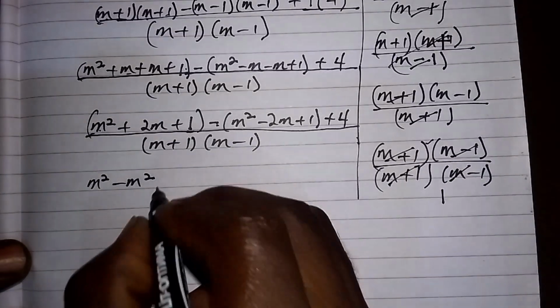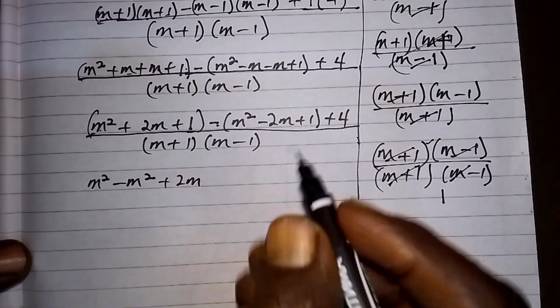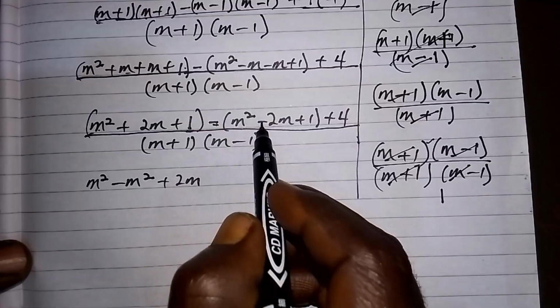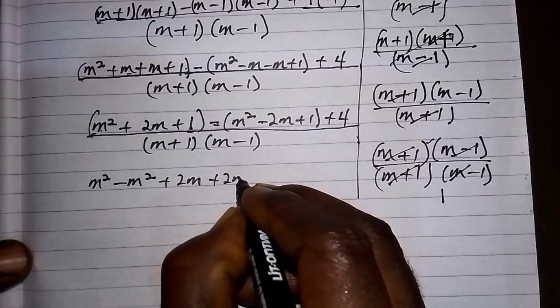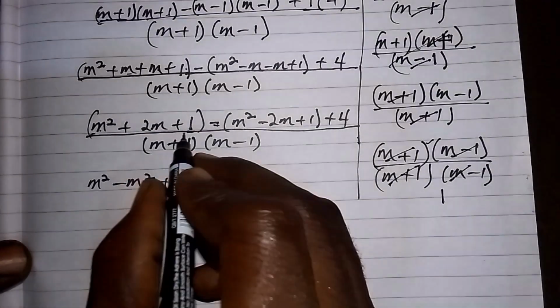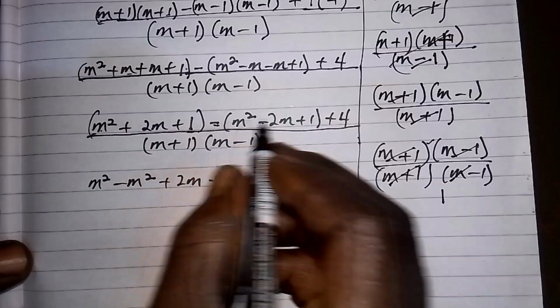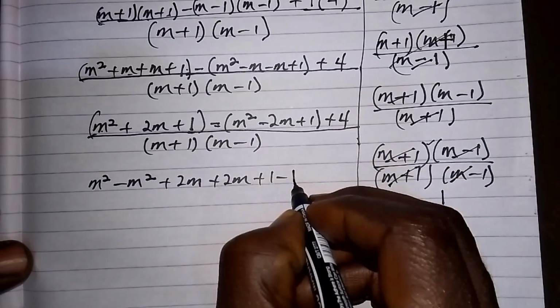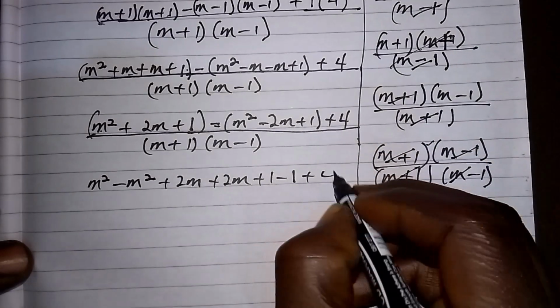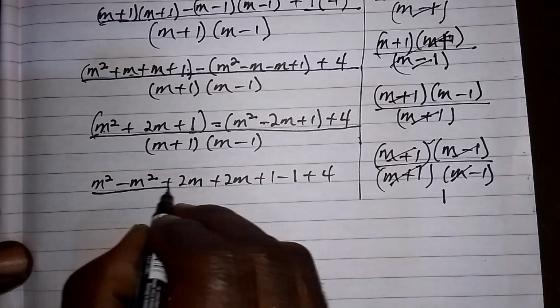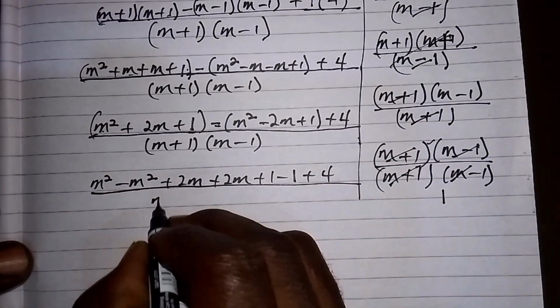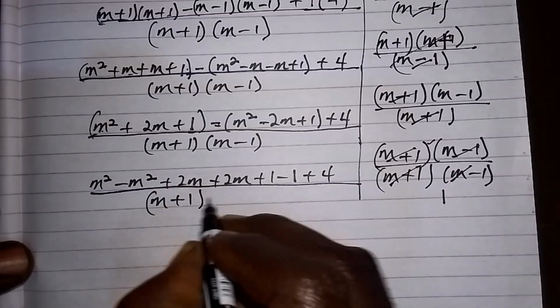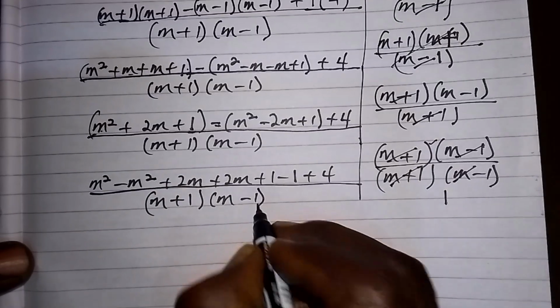Then plus 2m, and the minus also becomes plus 2m. Then 1 minus 1 will give us 0. Then plus 4, all over (m plus 1)(m minus 1).